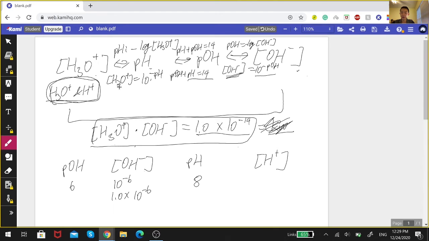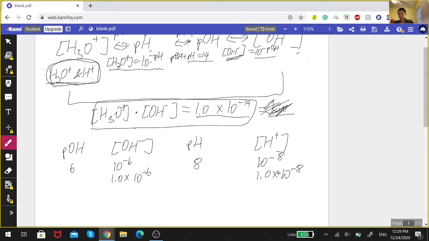H plus is equal to 10 to the negative pH power, which is 10 to the negative 8th power, which we can also rewrite as 1.0 times 10 to the negative 8th power. Now, if we're asked, is this solution acidic or basic? When we're determining if something is acidic or basic, we're only going to look at the pH, not the pOH. The pH is 8, so that means this is a basic solution.